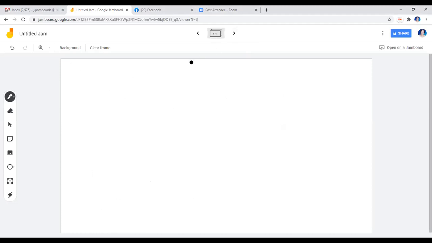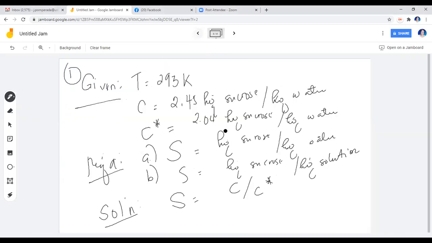So if we will have S, letter A, being equal to C over C asterisk, meaning you will determine the supersaturation ratio based on the original units that are given to you in the concentration.